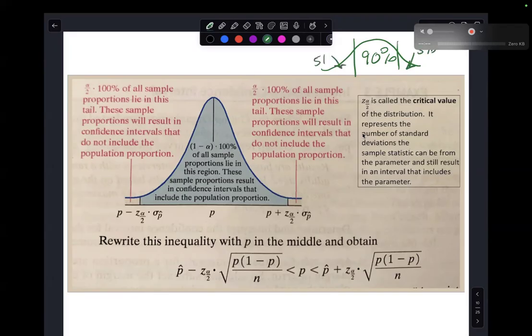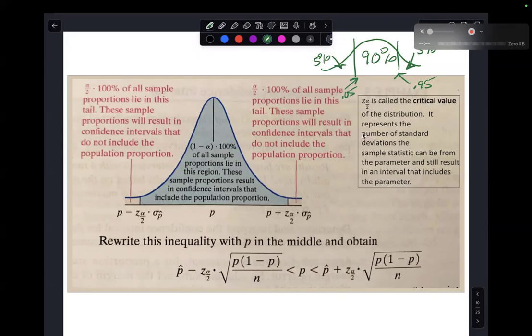This is basically what this picture is saying. Therefore, I had to use inverse norm with 0.05 and inverse norm with 0.95. Is this ringing bells? It should be ringing some bells.